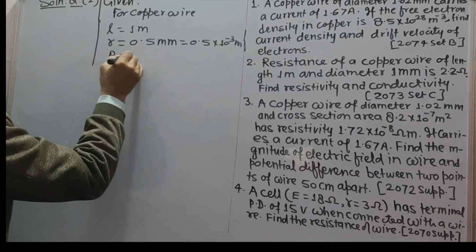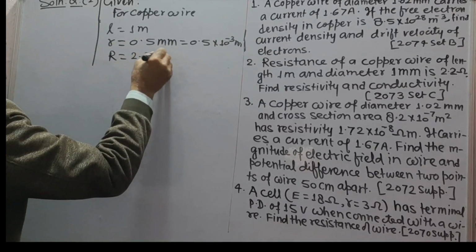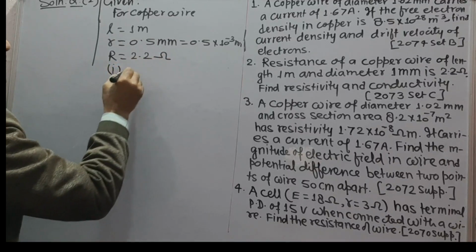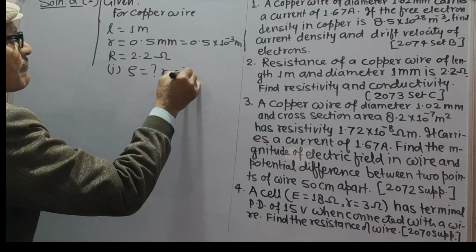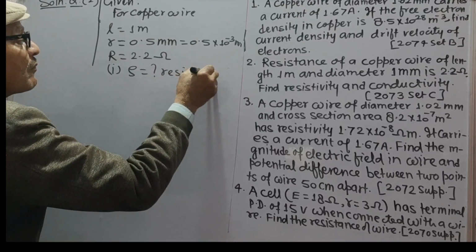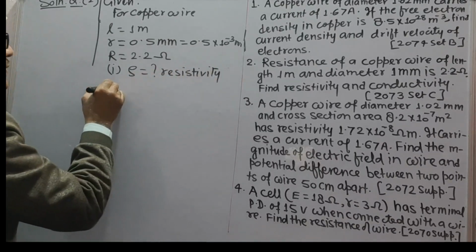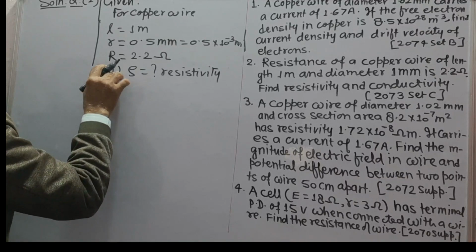Resistance of wire is 2.2 ohm. We have to find the resistivity and conductivity.